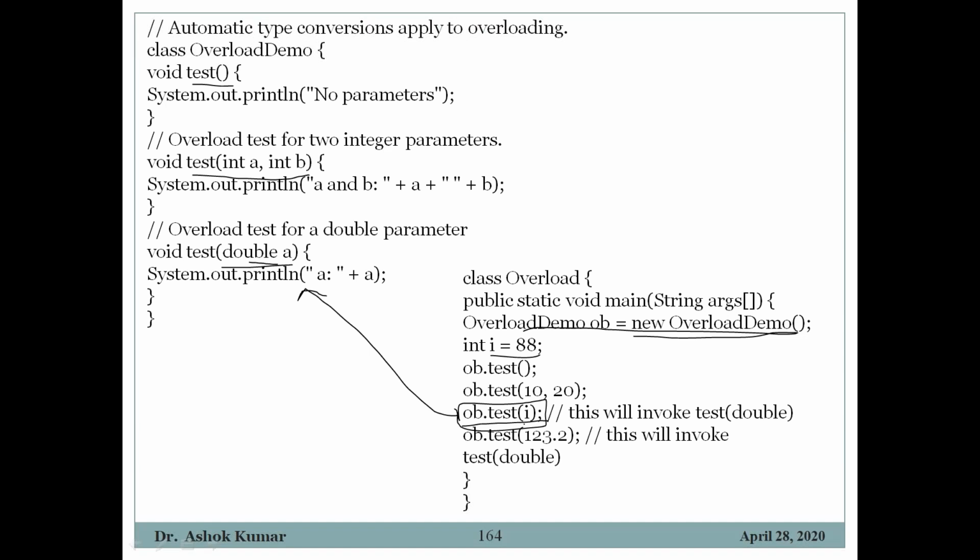So here, because i is compatible with double, Java will call this method. So this is the important point in this case.